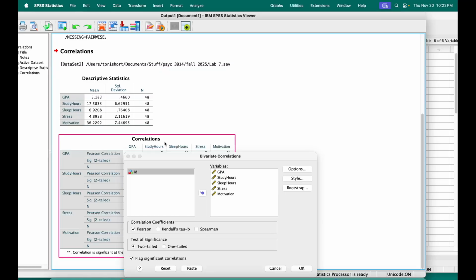And then you'll get your correlations table, or the matrix, as some would call it, with the way it's set up. So what you're going to see here is it's comparing each variable that you put in the variables box when selecting what to put in your correlations. So it's taking each variable and testing it against the other.